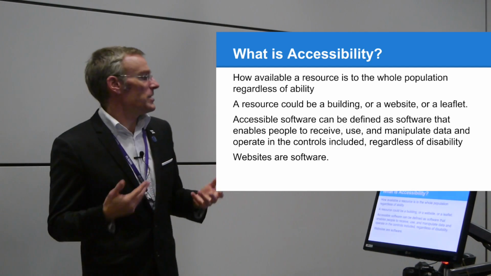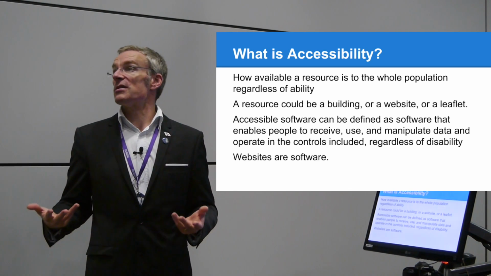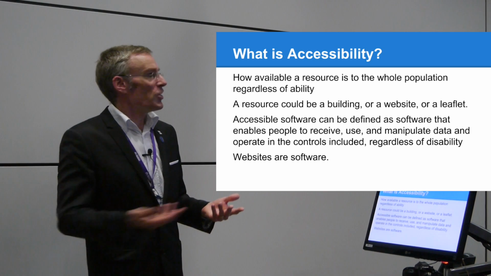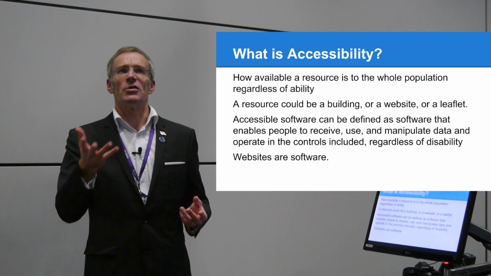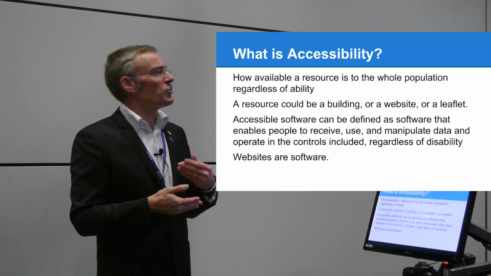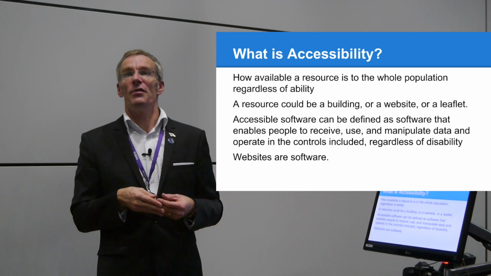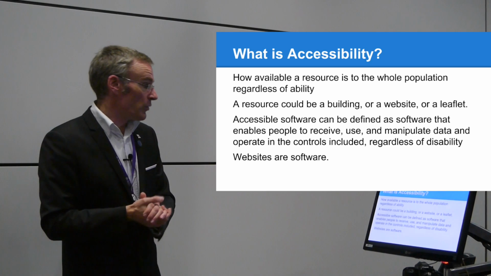The idea is accessibility means how available is it to the population. Can anyone use it? That's all it means. Can your gran use it? Can your 3-year-old kid use it? Okay, maybe that's the exception. But basically, we shouldn't be discriminating against people on the grounds of any disabilities or any impairments. Everything has to be available to all.